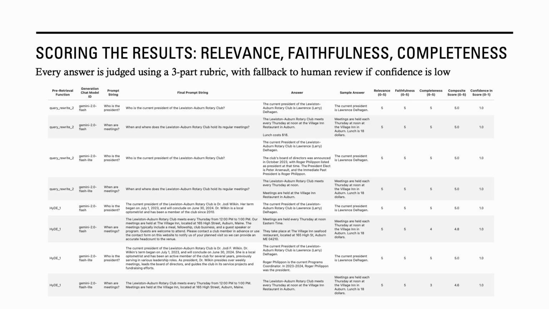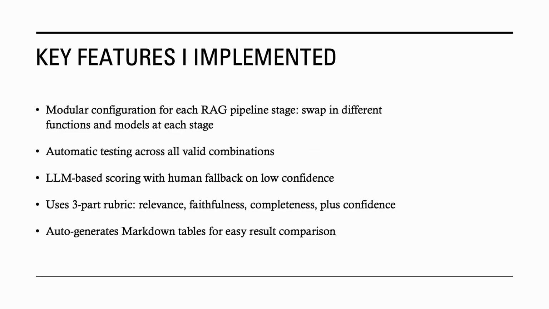We also capture a confidence estimate from the language model that performed the judging on a scale of 0 to 1. If that confidence is too low, usually below 0.2, RAGLab pauses and asks a human to evaluate that answer manually. This process makes it easier to spot high-performing pipeline combinations. And just as importantly, it helps you understand why certain combinations perform better than others.